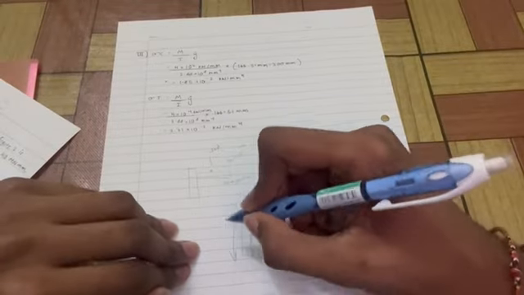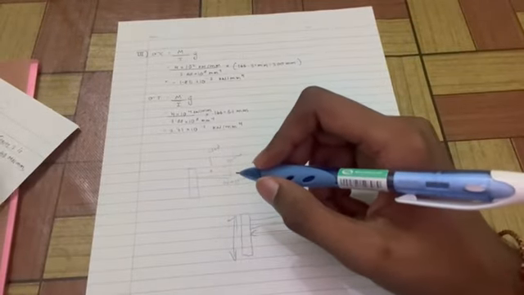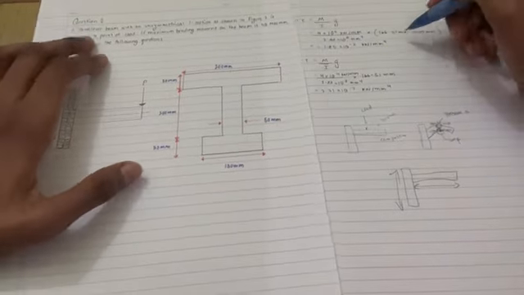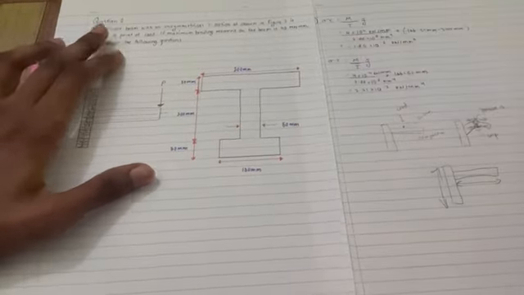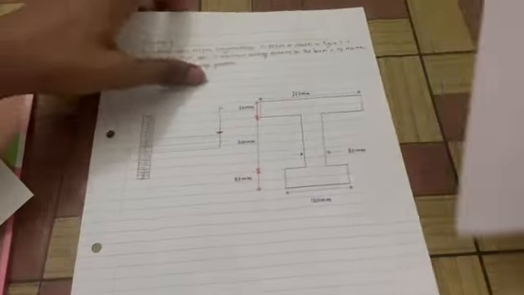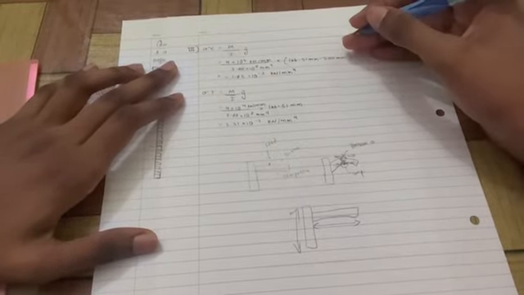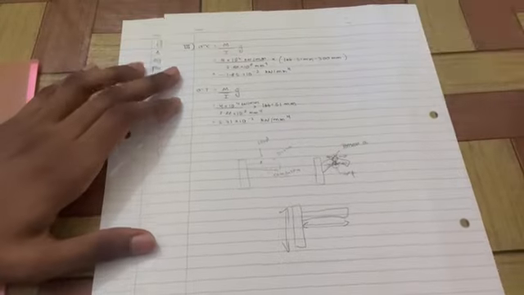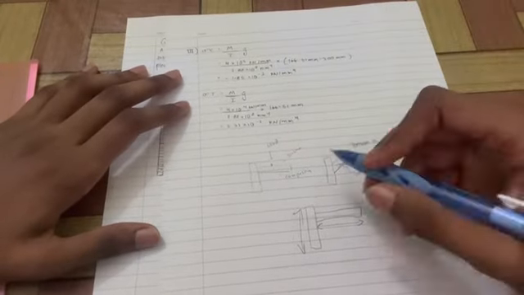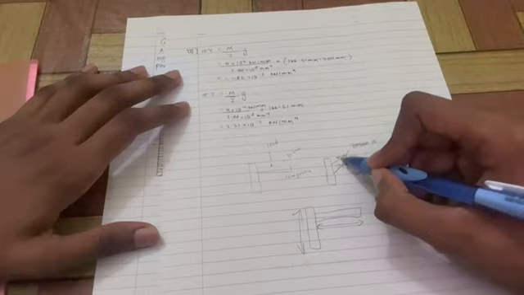And as you can see, the height of this is 300, and thus when finding the maximum bending stress for the compression, we had to minus 300, and we don't have to minus anything for the tension because there is no damage for the beam on the tension side.